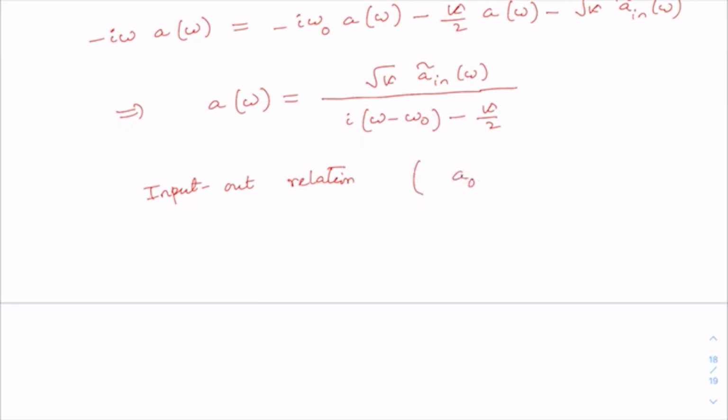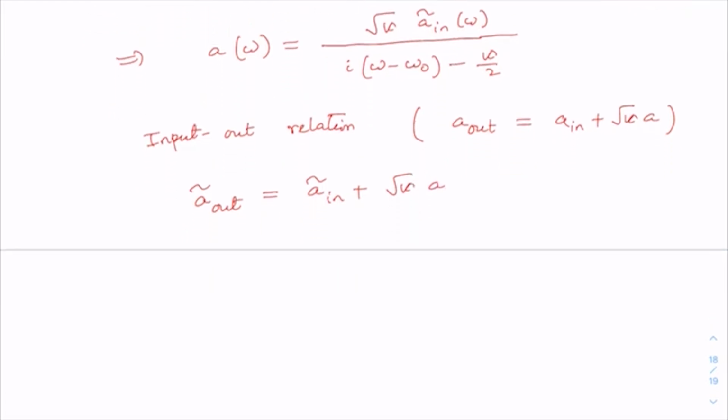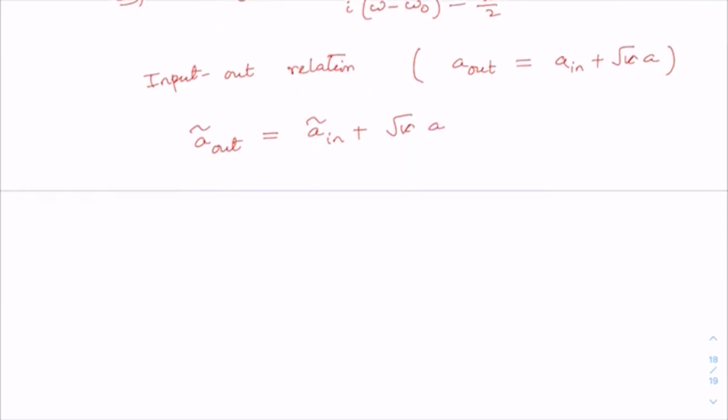We have the input-output relation A out is equal to A in plus square root of kappa A. This we can write for our new variable as A tilde out is equal to A tilde in plus square root of kappa A, where A tilde out is defined in a similar way to A tilde in: A tilde out is equal to A out minus omega drive divided by square root of kappa e to the power minus i omega L t.